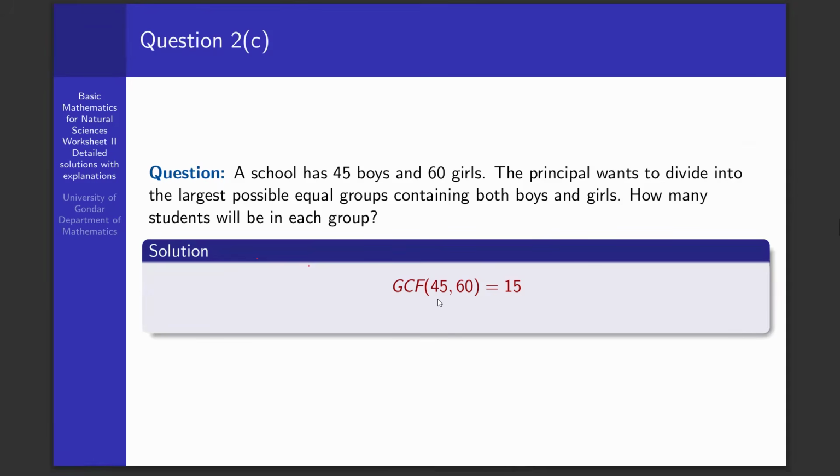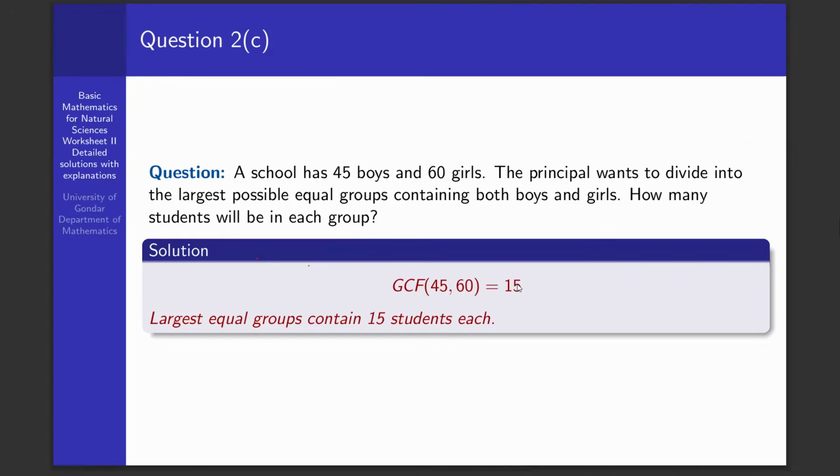So the greatest common factor of 45 and 60 is 15. So the largest possible equal groups containing boys and girls will have 15 students. That means the largest equal group contains 15 students each.